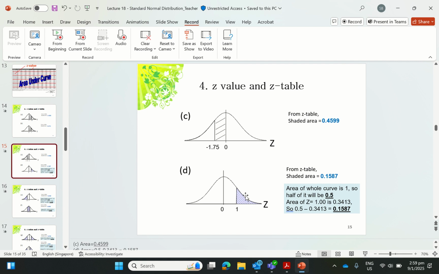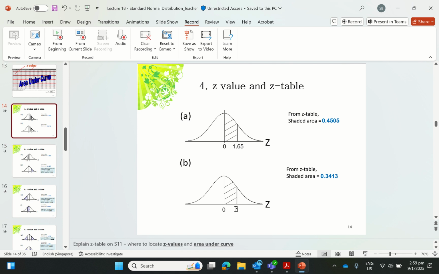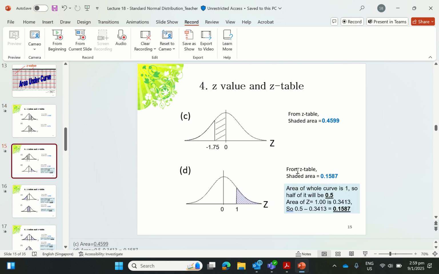So it's actually 0.5. But now I have the inside area from 1, which I just calculated to be 0.3413. So if the whole area here is 0.5 and here the area is 0.3413, how do I get the outside area? 0.5, which is the whole area, minus 0.3413. The leftover is here.